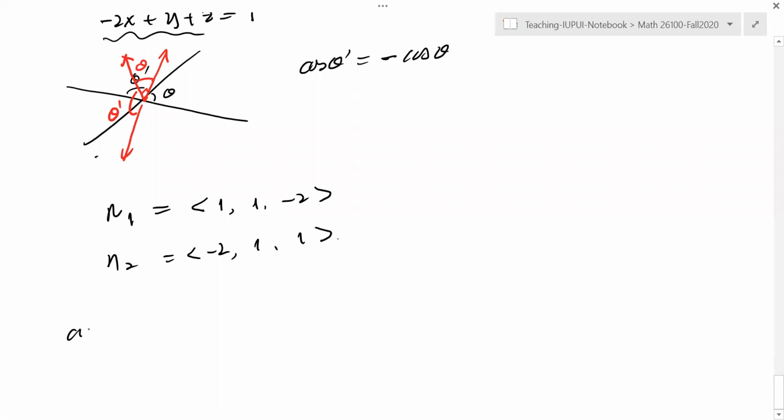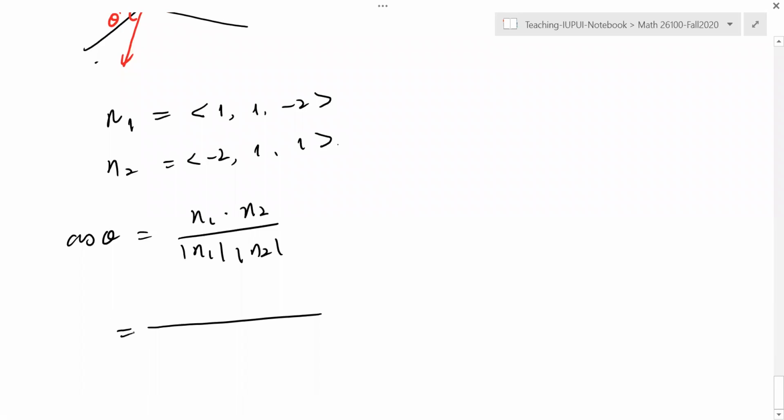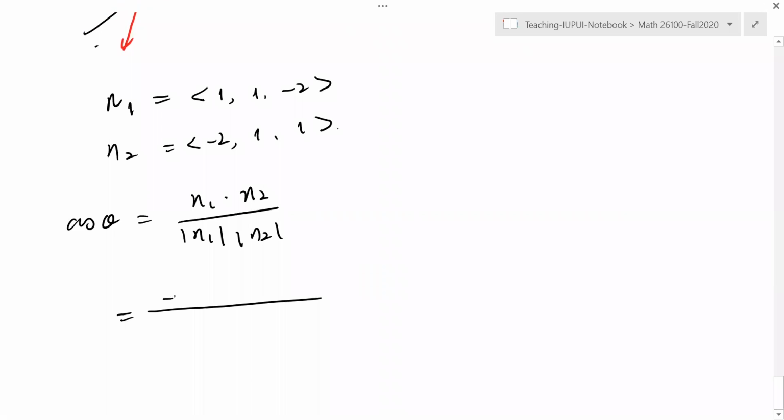Therefore, cosine theta or cosine theta prime is going to be n1 dot n2 over the product of their lengths. So let's do the computation. The inner product of those two is negative 2 plus 1, negative 2.